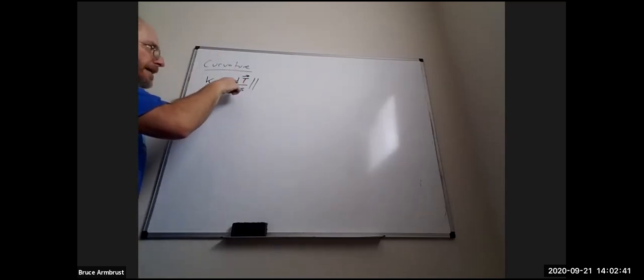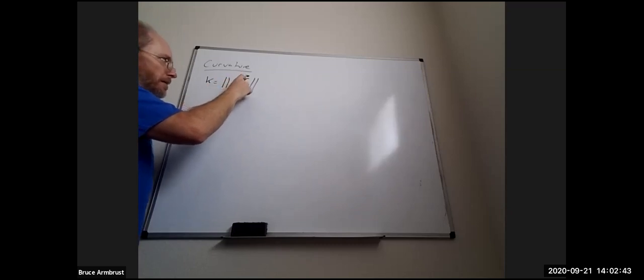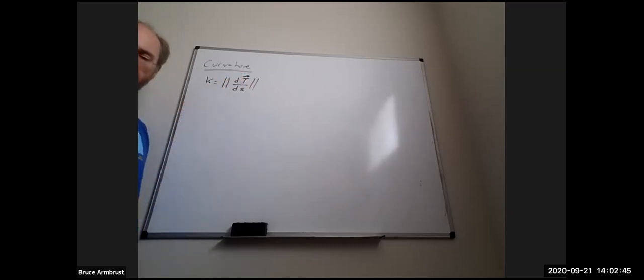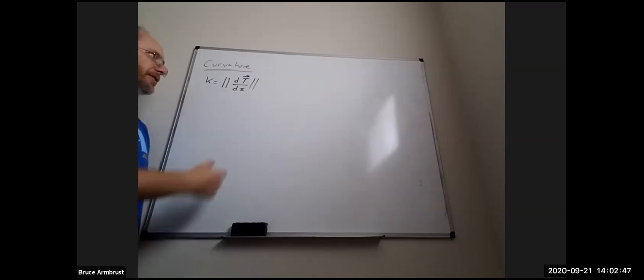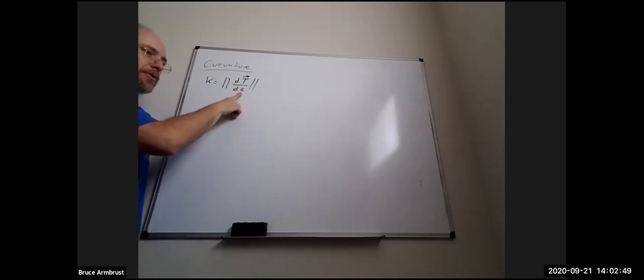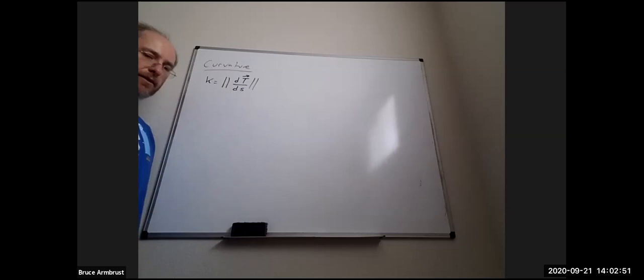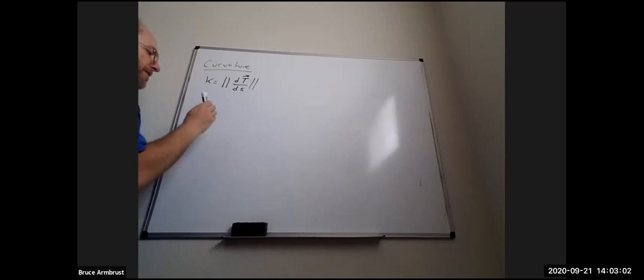Okay, so that's what this is doing. It's just the magnitude. But what we're looking at is how the tangent vector, how that unit tangent vector is changing with respect to arc length or respect to location. So let's think about this. Let's do a couple of different ones where T is changing.